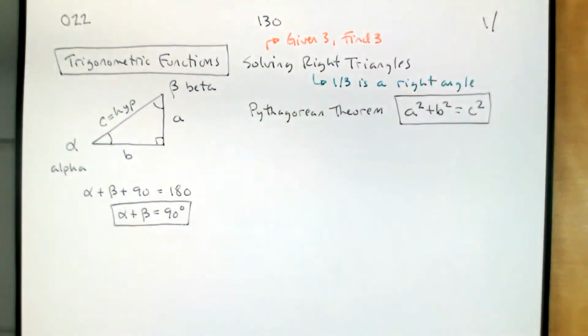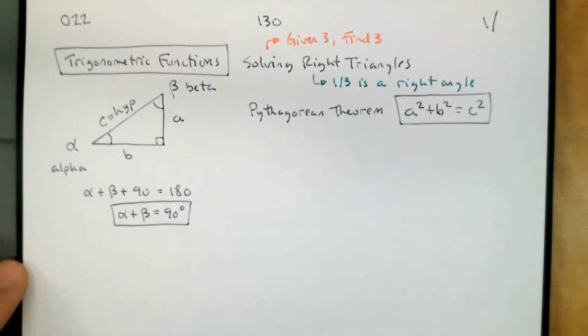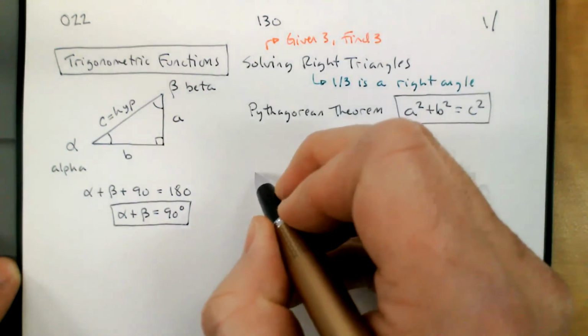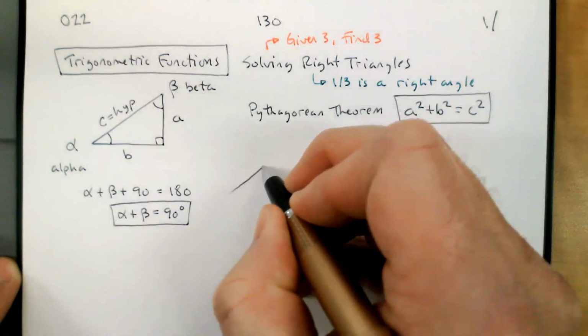Another important tool that we have in the toolbox for right triangles, and then we needed some connection between angles and the sides. So we set up our trig functions.